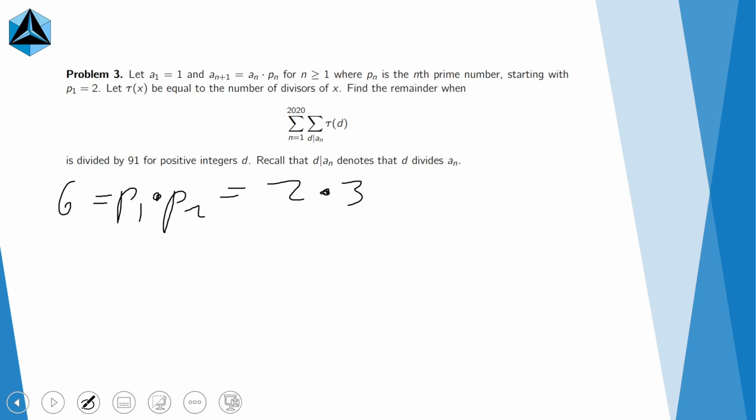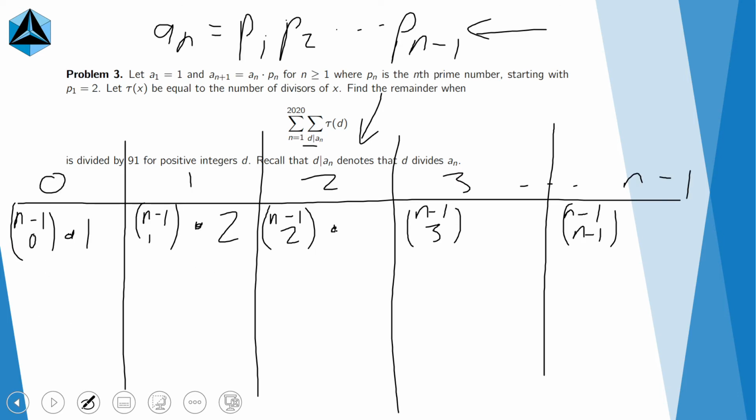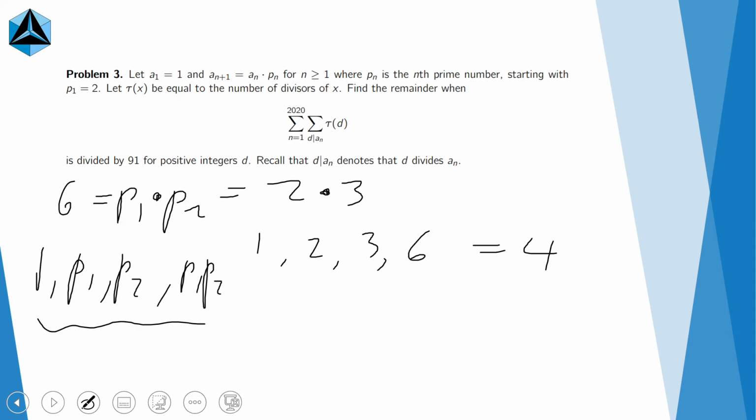It has 1, 2, 3, 6, which is 4. If you classify this into p1 and p2, you can generalize to 1, p1, p2, and p1 p2. So there are 4 divisors, and we can write that down. But before we jump onto our next group, we have to realize what is going on here.